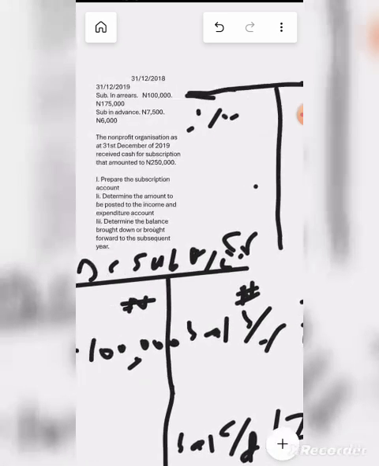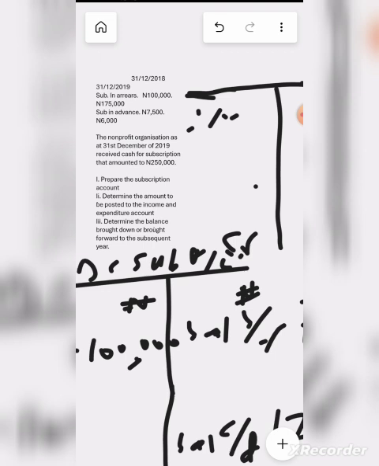Let's move on. The non-profit organization, as at 31st of December 2019, received cash for subscription. Cash was paid on that day to the amount of 250,000 naira, as a form of subscription.